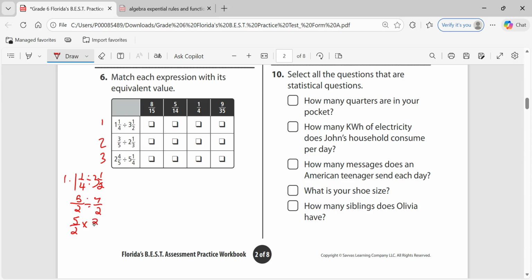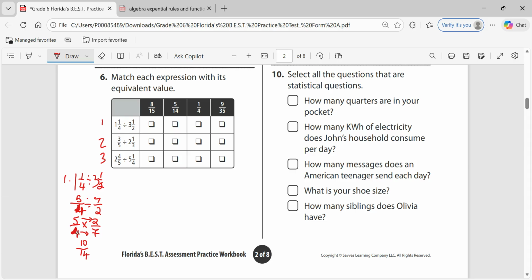I keep, I change, and I flip. So to divide fractions, I multiply by the reciprocal. And when I multiply fractions, I multiply straight across. So this is 10 over 14. Well, I can simplify that. Wait. Oh, wait. Oops, I apologize. This is a 4.